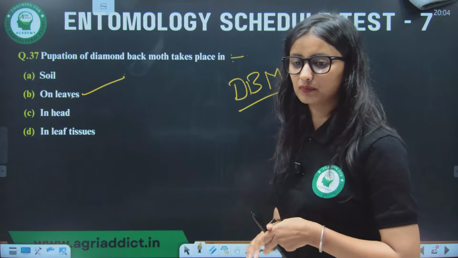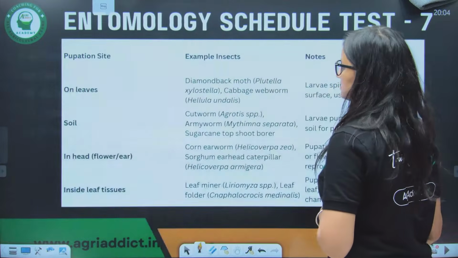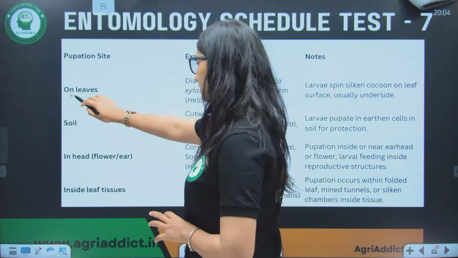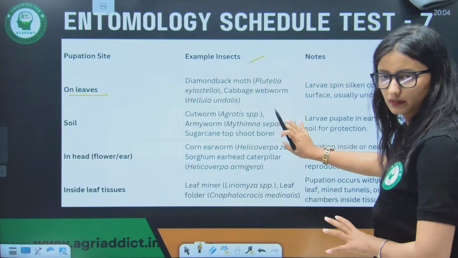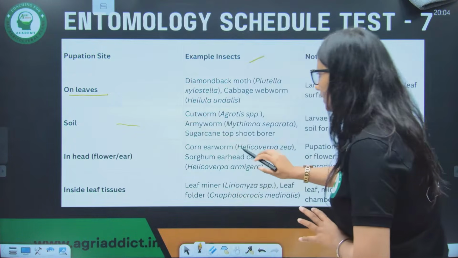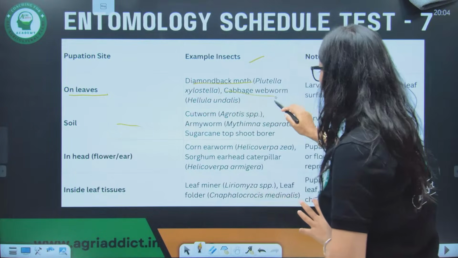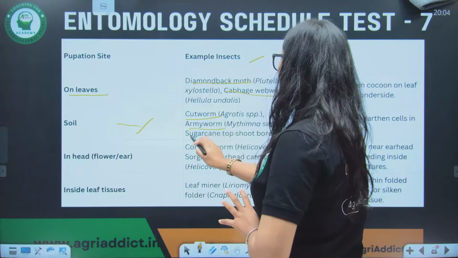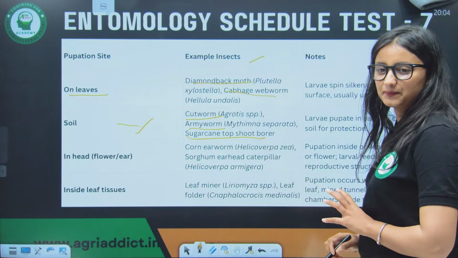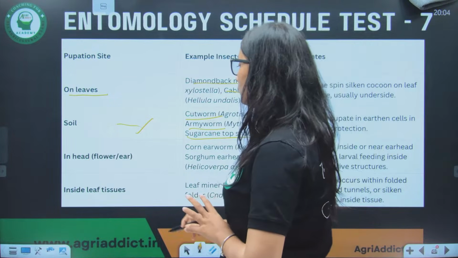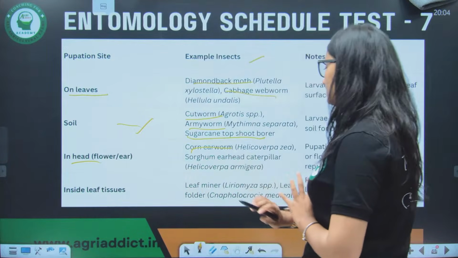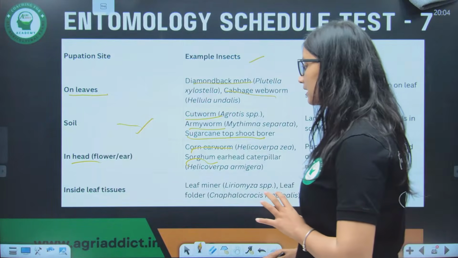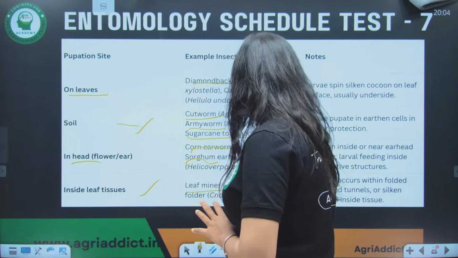So here I have written the pests which pupate in the leaves and which pupate in the soil. In leaves, like DBM and cabbage webworm, they pupate in the leaves. And what about soil? Cutworms, armyworms, sugarcane top shoot borer. They pupate in the soil. What about in head or flower? Corn earworm, sorghum earhead caterpillar. Inside leaf tissue, leaf miner and leaf folder.